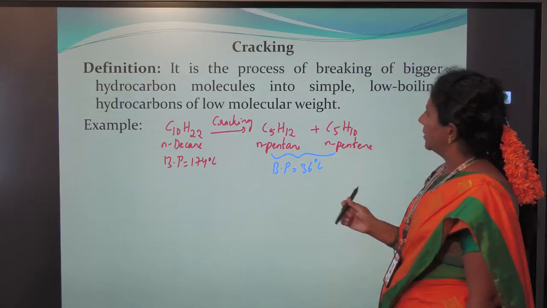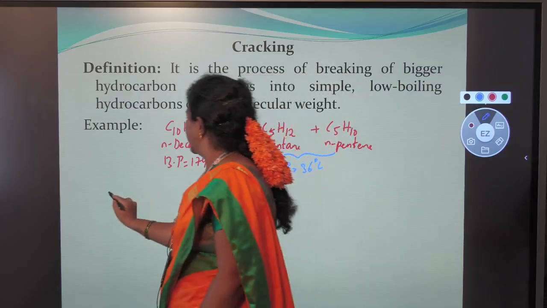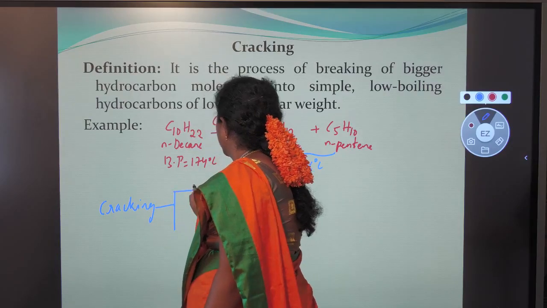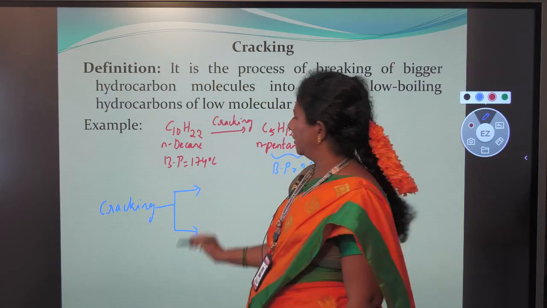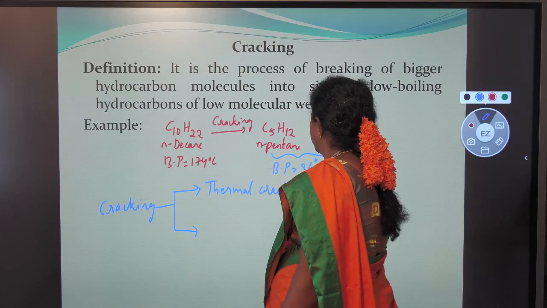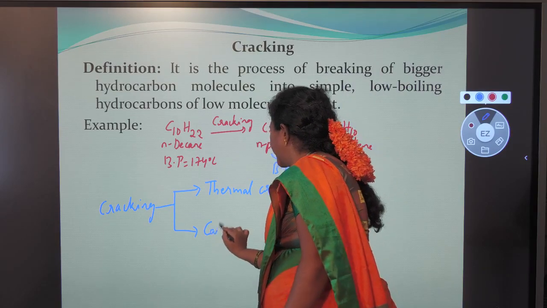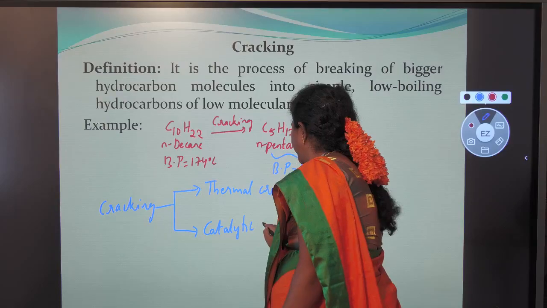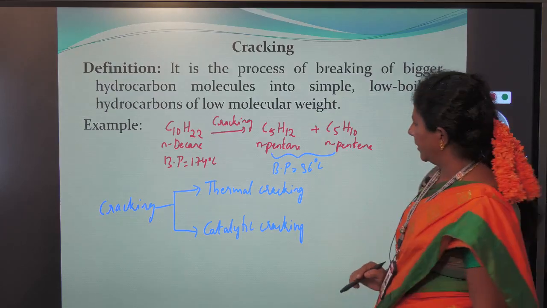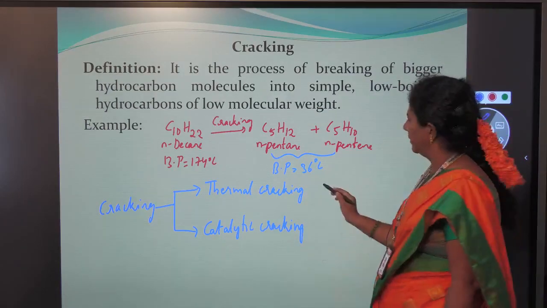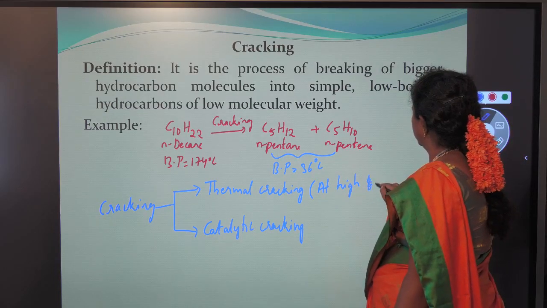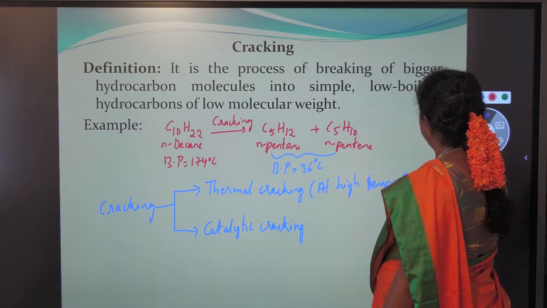Coming to the types of cracking. The two types of cracking are thermal cracking and catalytic cracking. Thermal cracking means the cracking process is carried out at high temperature and pressure.